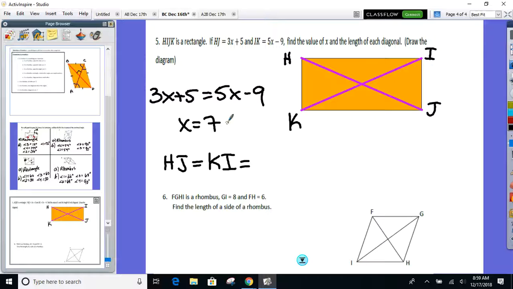To get x equals 7. We're all good? And then what was the length of each diagonal? 26 units. Yep.